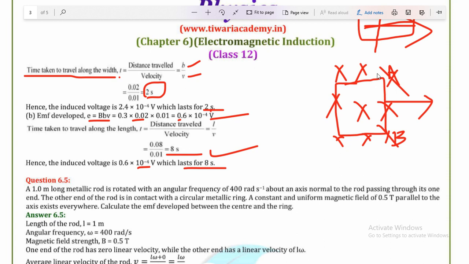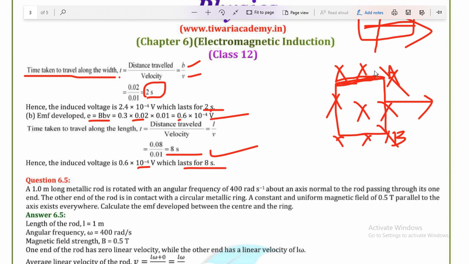So length in this case is taken as this one, and this is the distance it travels to reach out from this magnetic field.